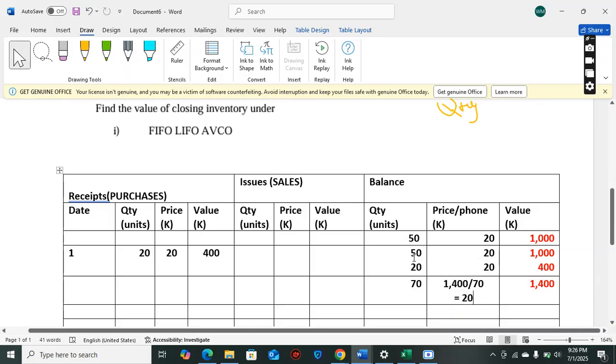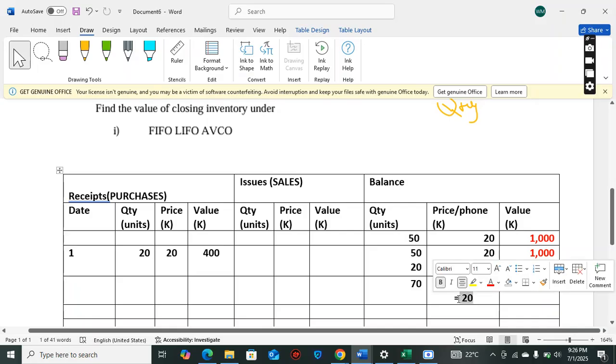You're not going to see which was the one that came in first or which one came in last. You're going to value it at this average cost.